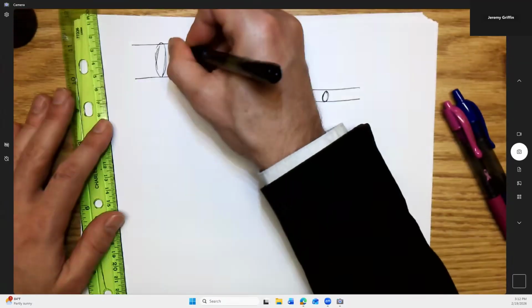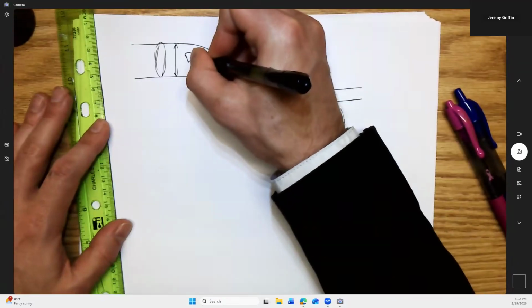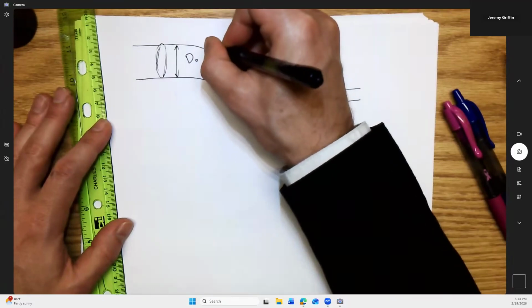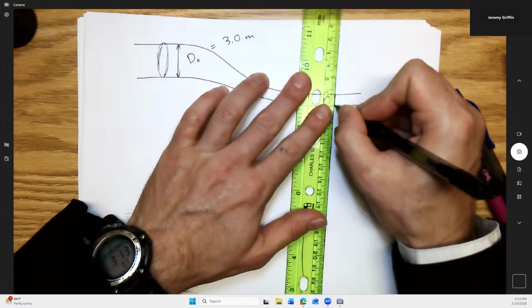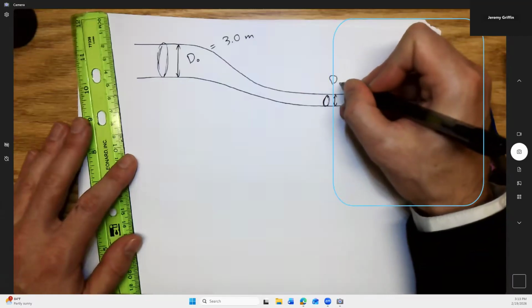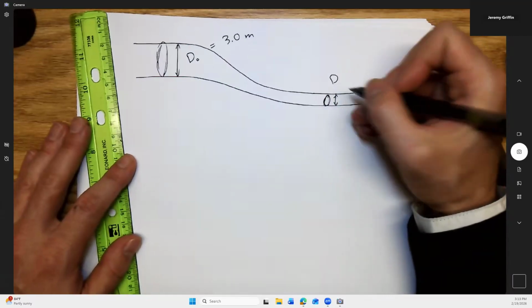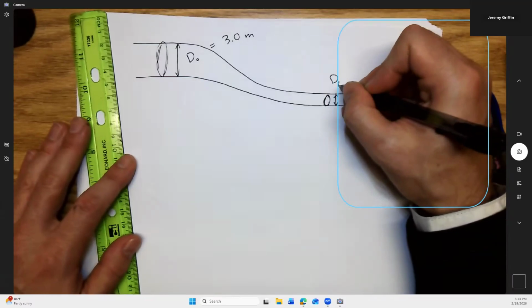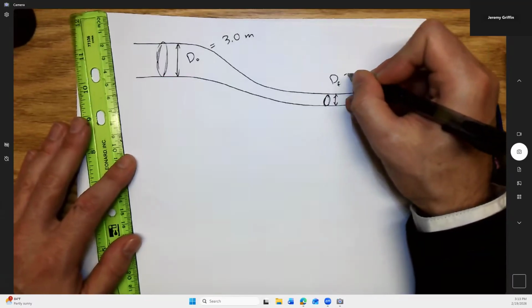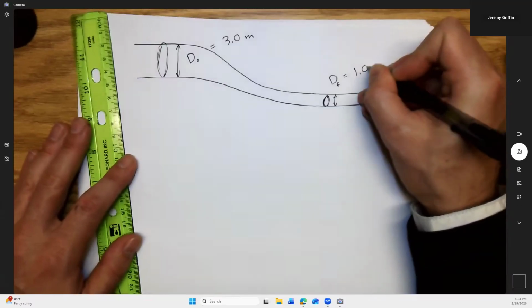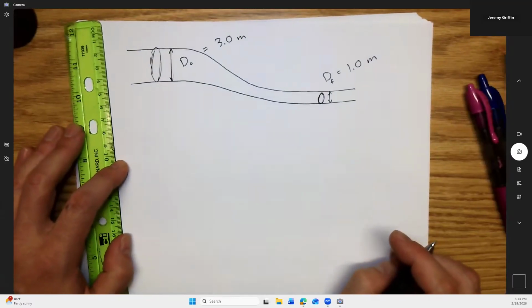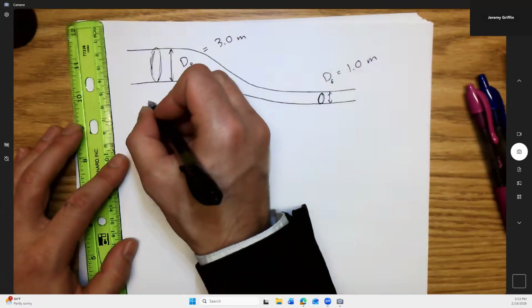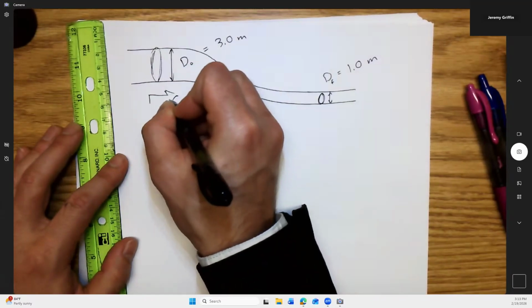Let's have this diameter, call it diameter initial, equals 3.0 meters. And this diameter here, let's call it final, equals 1 meter. It's like a third of the diameter. You guys see a third of the diameter? Let's have this water flowing.